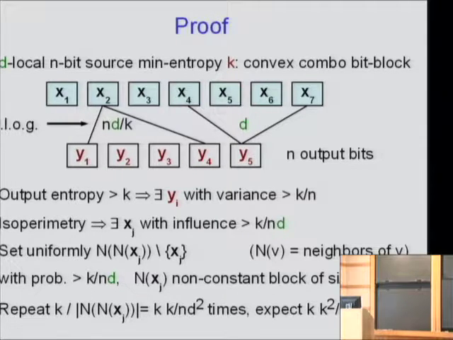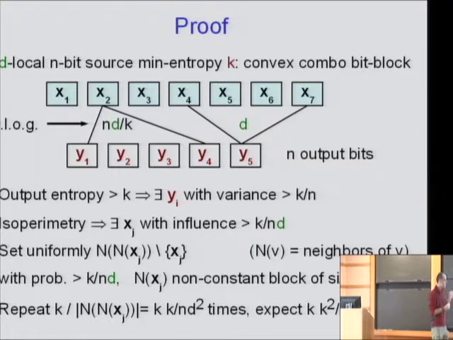By variance I mean that both 0 and 1 are obtained with probability at least k over n, so it's somewhat unbiased. This step is true because if every bit had small variance, then every bit would have small entropy. And if you switch to Shannon entropy, which bounds the min entropy, you would actually contradict the bound on the min entropy of this sample y.